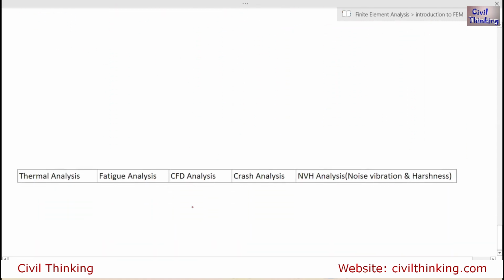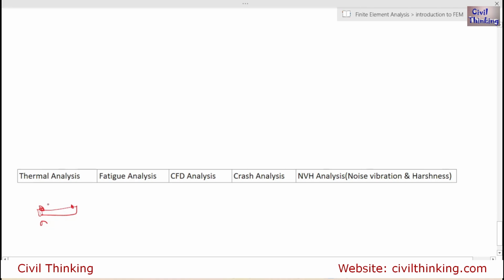Then we have other kinds of analysis. Thermal analysis: when you apply heat to the body, the heat will travel from this point to this point, and the rate depends on what the medium is, and what kind of heat transfer it is, convection, radiation, or what type.